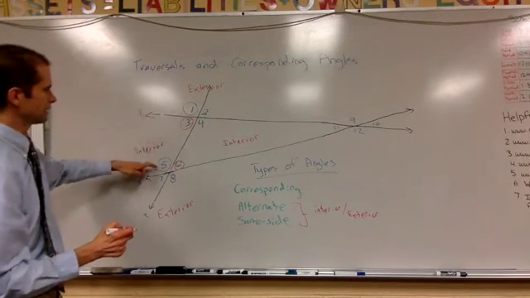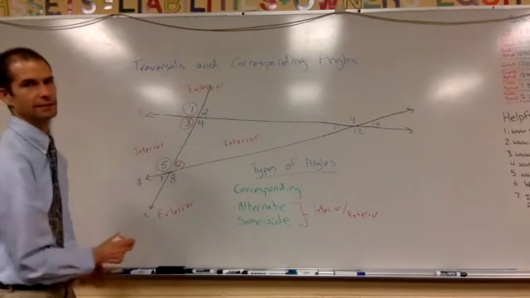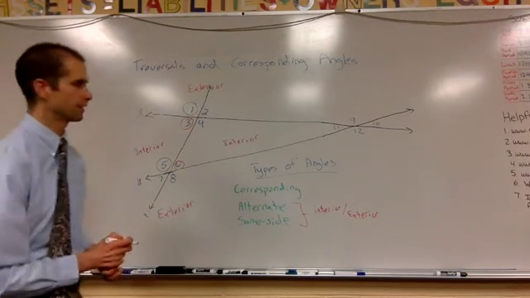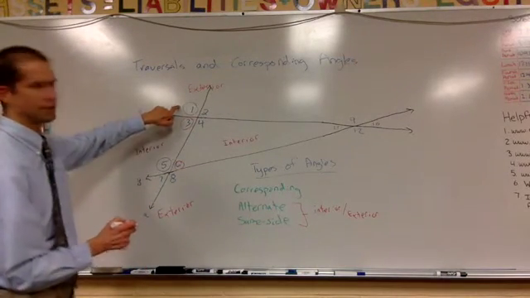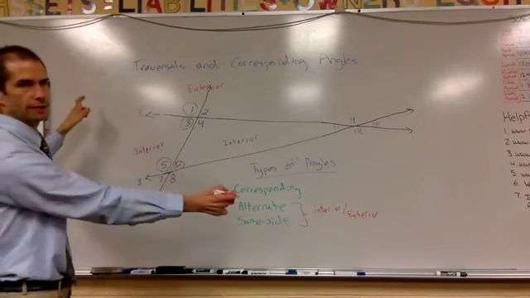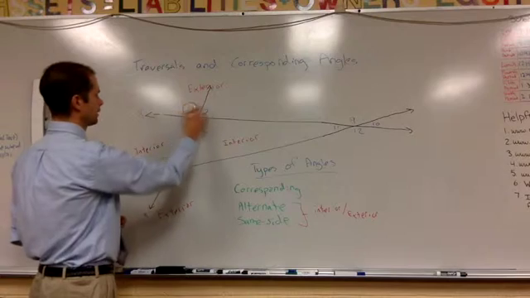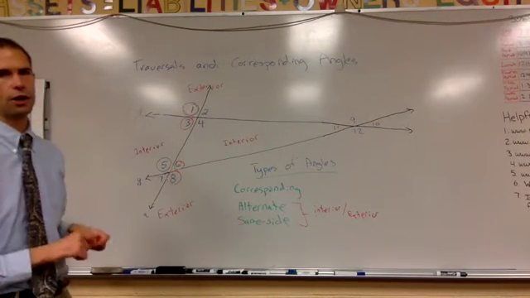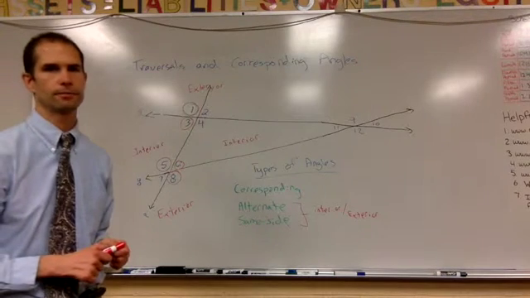They are on the interior, and they are on opposite sides. We also have exterior alternate angles. They are on the exterior, and they are on alternate sides of the traversal. So 1 and 8 would be an example of an alternate exterior angle.